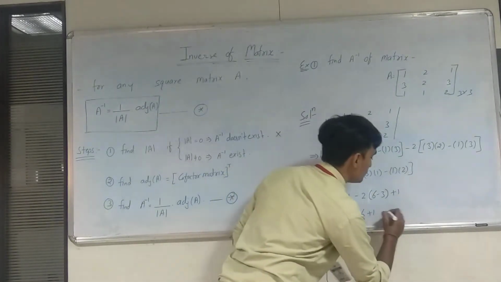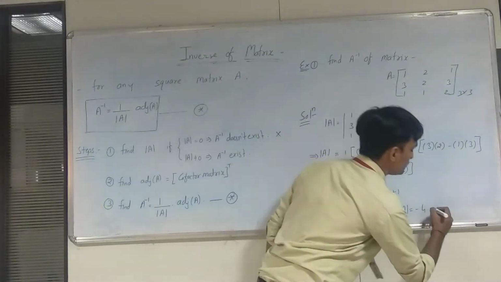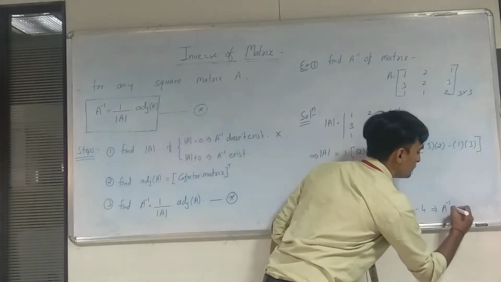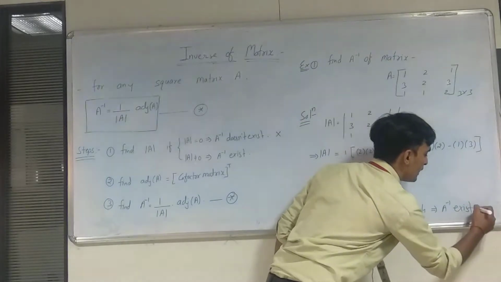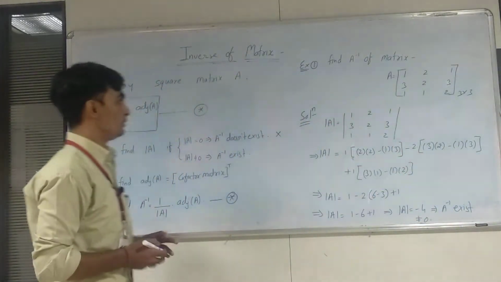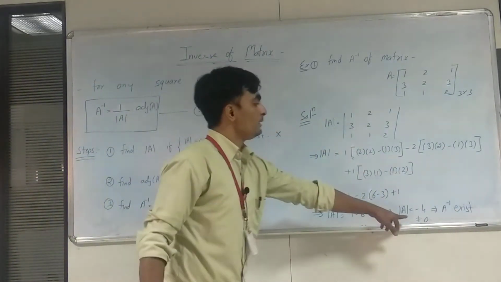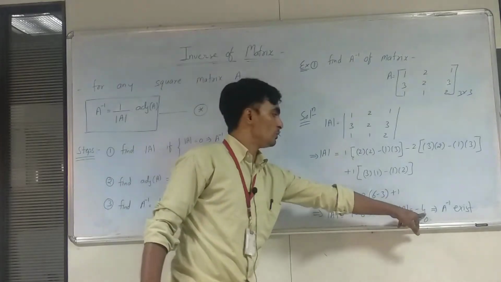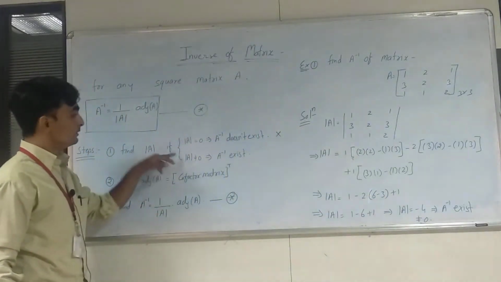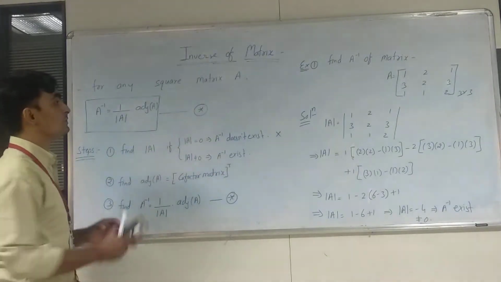So determinant of A equals minus 4, which shows A inverse exists because it is not equal to 0. Determinant of A is minus 4, that is why we say this first case, A inverse exists. Now we go for step 2.